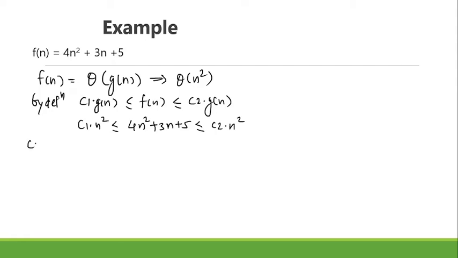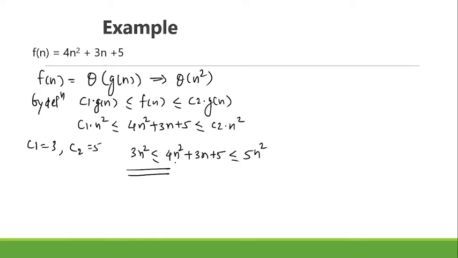Okay, now c1 I want to show lesser, so let me take c1 as 3 and c2 as 5. Now because I have these positive terms, the lower bounding part becomes easy because 3n square less than or equal to 4n square plus 3n plus 5 less than or equal to 5n square.